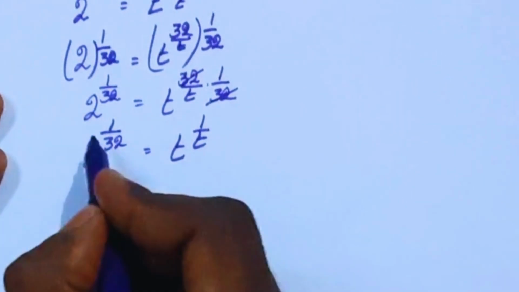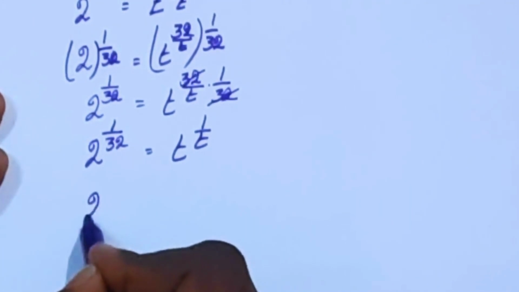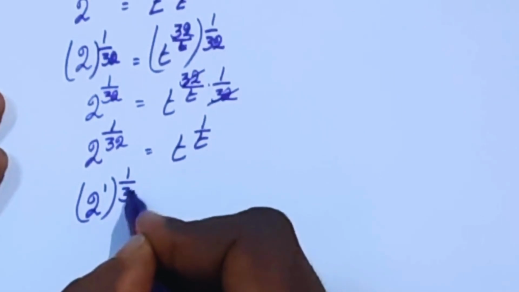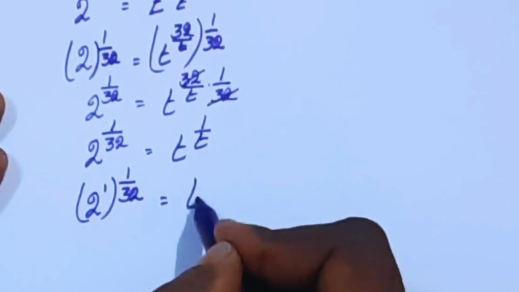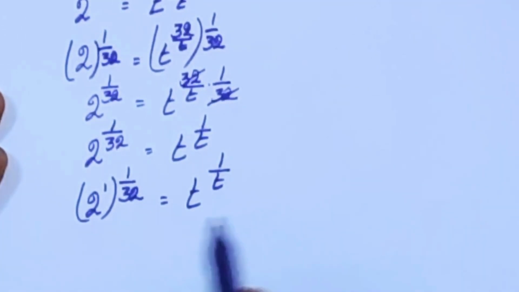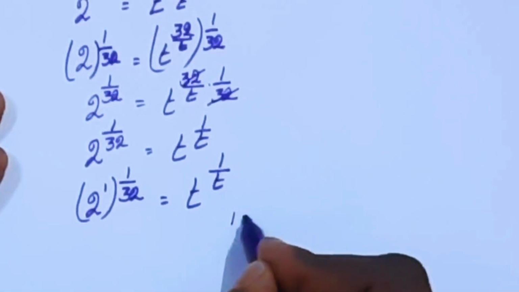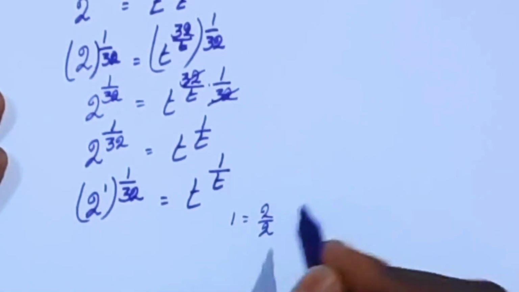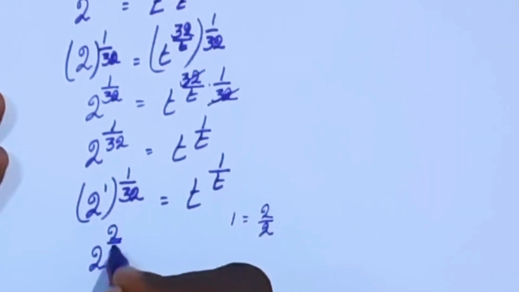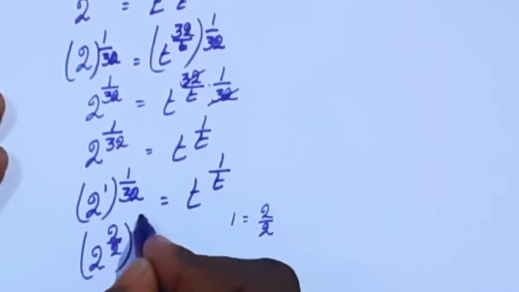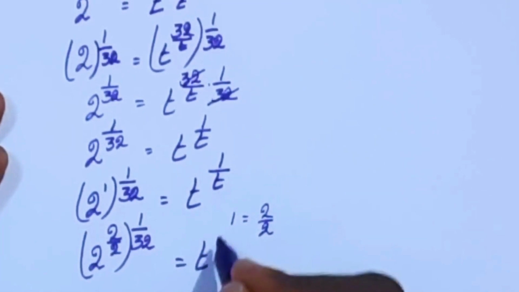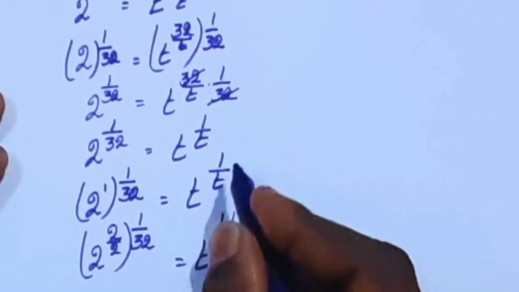Now we are going to consider (2 power 1) whole power 1 by 32 equals t power 1 by t. Now this 1 can be written as 2 by 2. So (2 power 2 by 2) whole power 1 by 32 equals t power 1 by t.